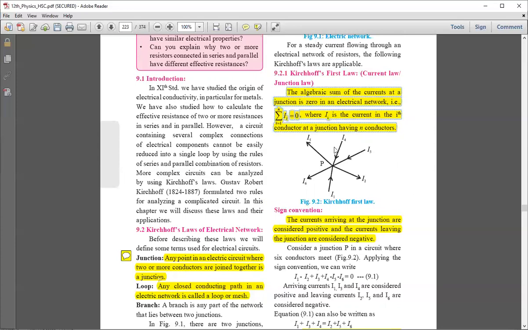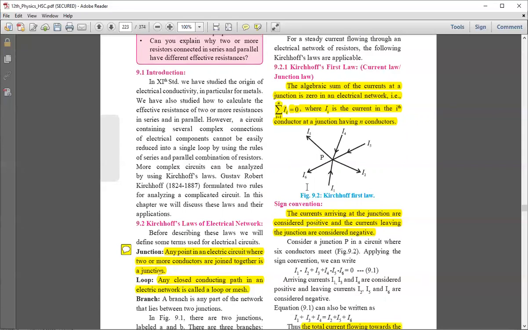So this is an electrical circuit. This is a junction in the electrical circuit where a total of six paths are connected, and along the six paths some currents are moving toward the junction, some are moving away from the junction. There is a sign convention that current flowing toward the junction is considered positive, and current flowing away from the junction is considered negative.